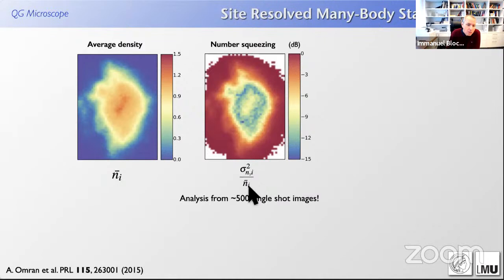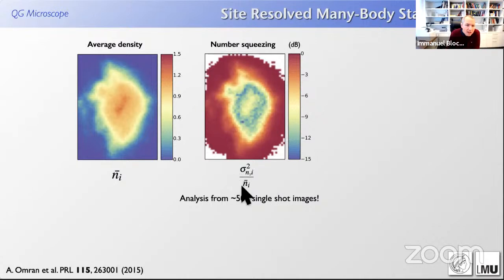allowing you to calculate the variance on that lattice site. And if you compare that to the mean, you can tell something that's known very well in quantum optics, that is the so-called number squeezing. So how much number squeezing do you have? Remember, for a Poissonian system, the standard deviation goes like the square root of the mean. So the variance goes like the mean. So for a system which would just be shot noise limited with Poissonian statistics, this number would be 1.